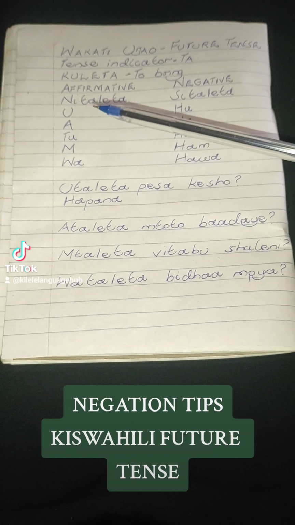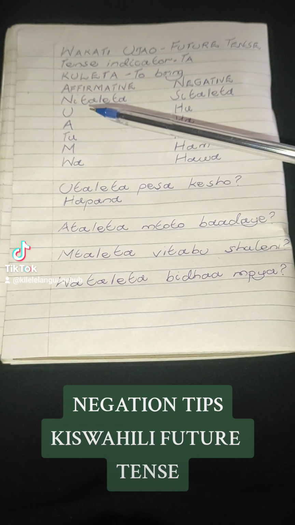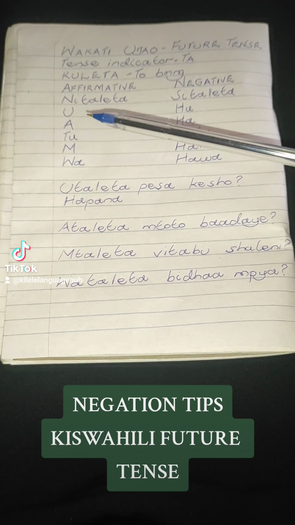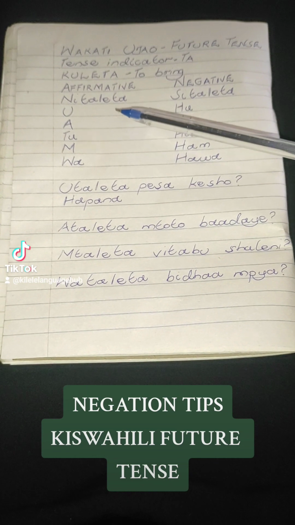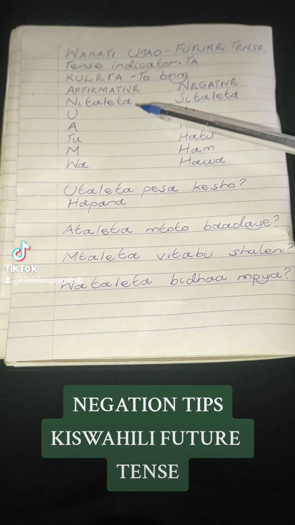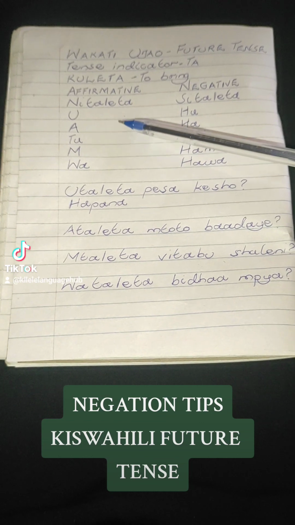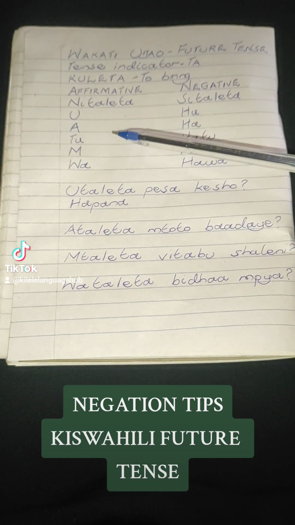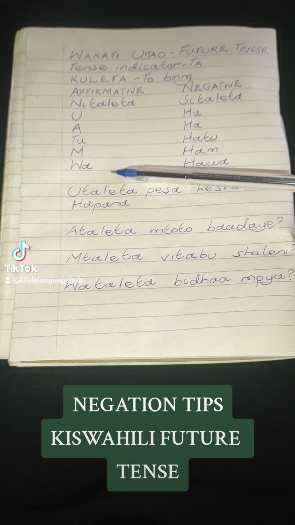So let's break it down under I. So if I want to say I will bring, it will be nita leta. I will bring. Now, what do you think the rest should be? Follow the same example and break it down.